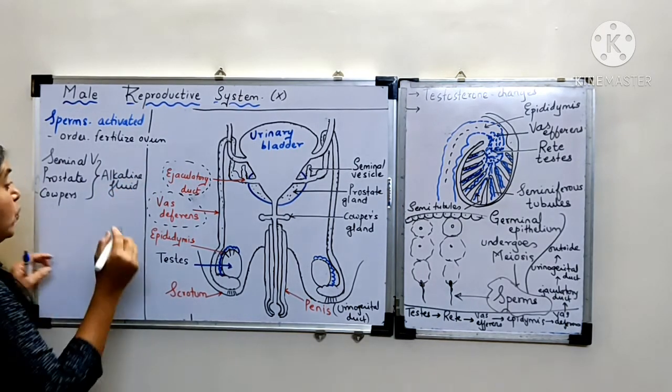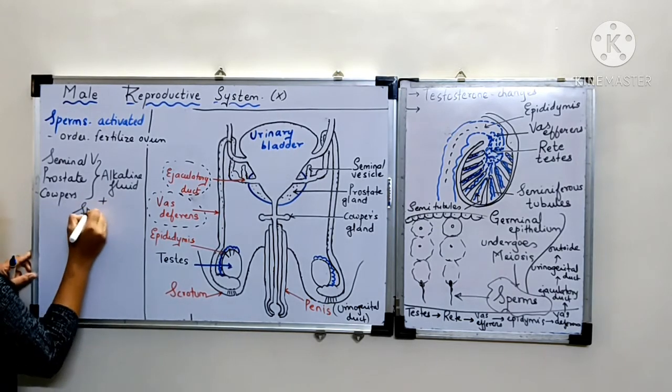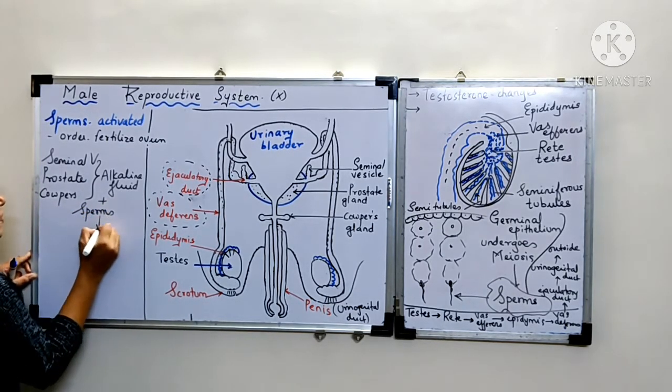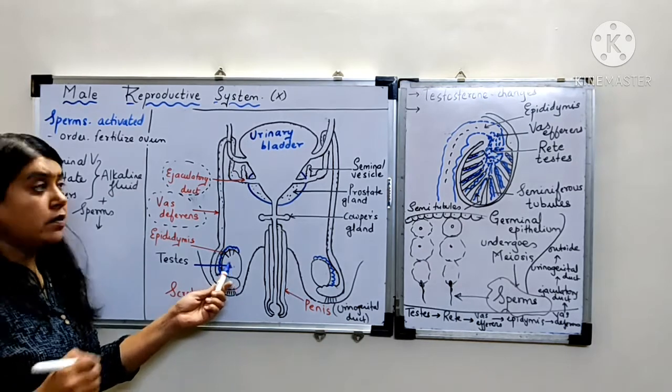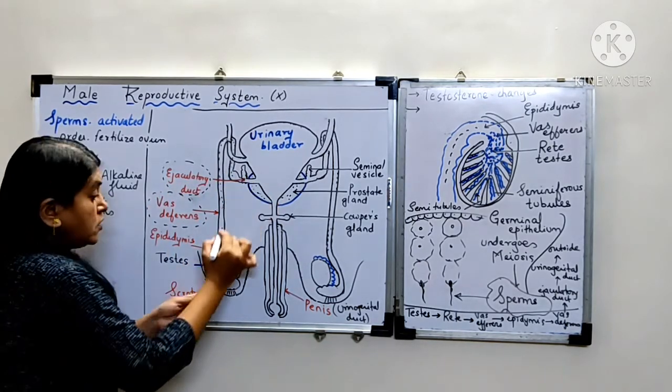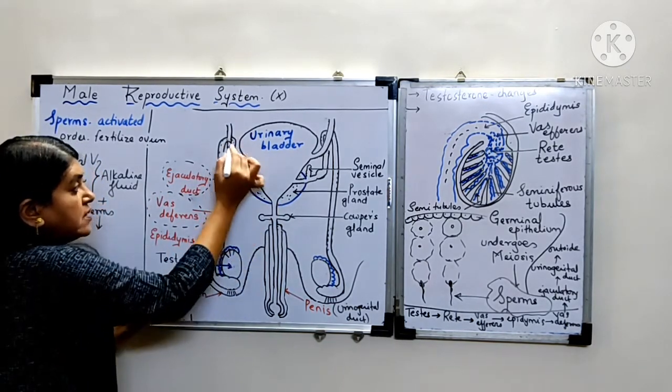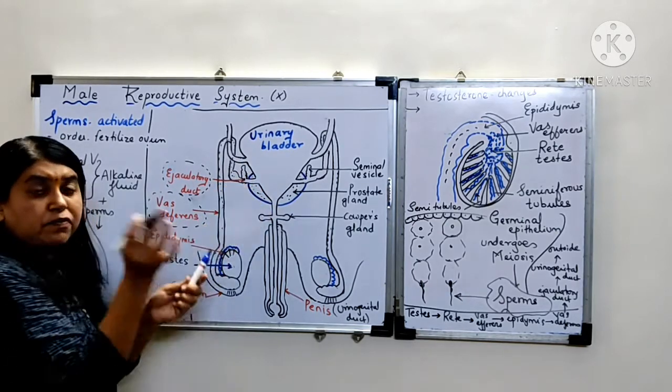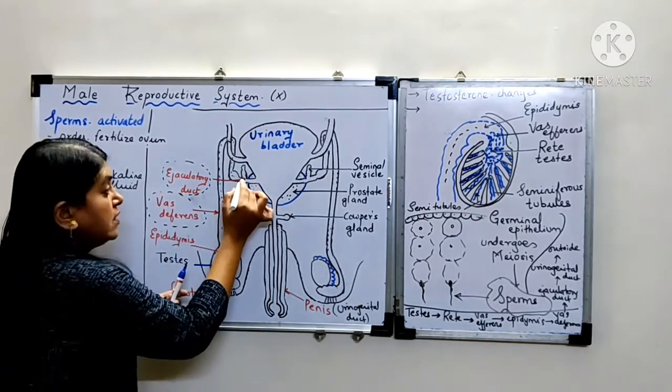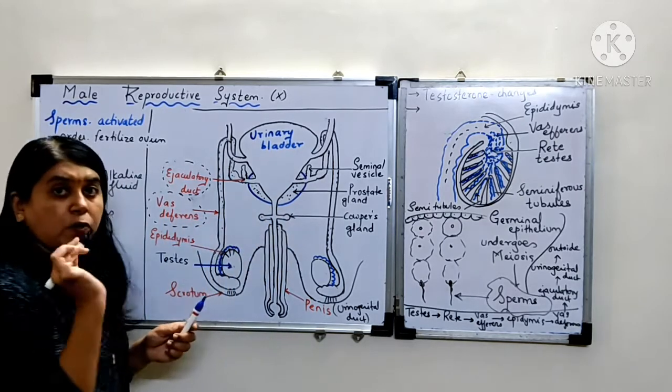This alkaline fluid together with the sperms. Sperms are coming from here. Seminal vesicle is here. So sperms will move like this and they will get mixed up with the secretion of seminal vesicles, prostate and Cowper's.